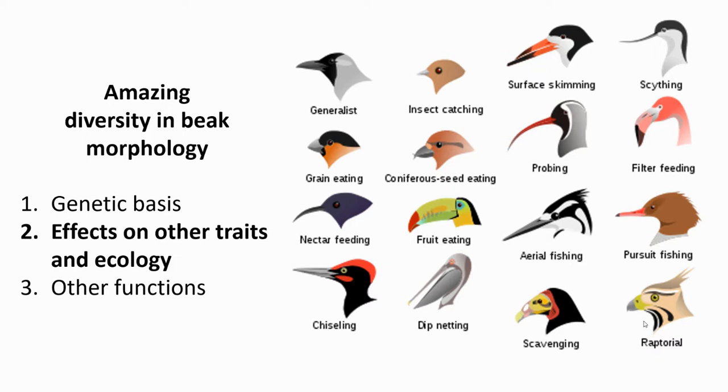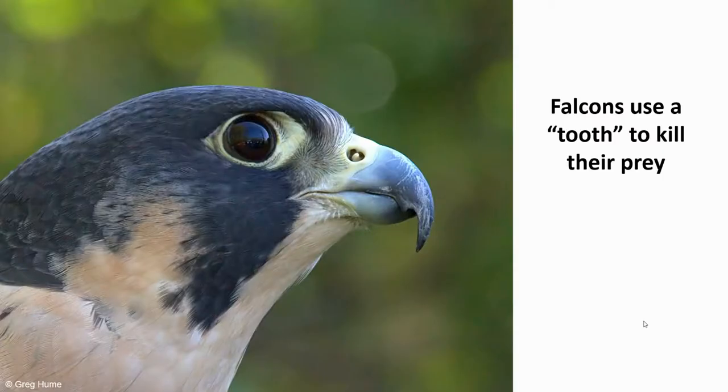But how does diet affect the morphology of the beak and other traits? Let's have a look at a few examples. First, falcons. These birds are predators and use a structure in their beak, a so-called falcon tooth, to kill their prey. You can nicely see one in this peregrine falcon.